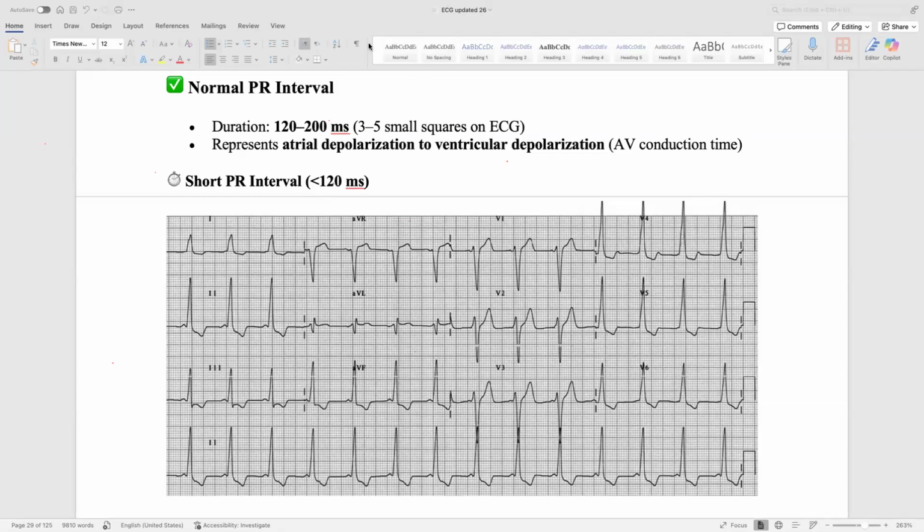Okay. Now, where to read the PR interval? Go to lead 2. In lead 2, see, this is a P wave. This is a P wave. I will magnify it.